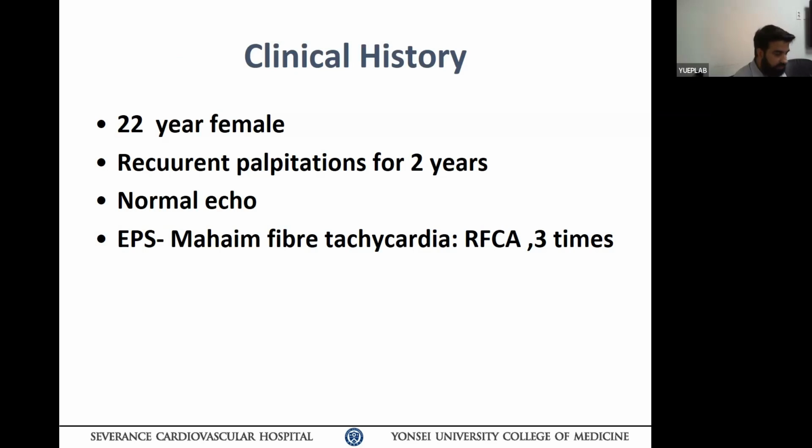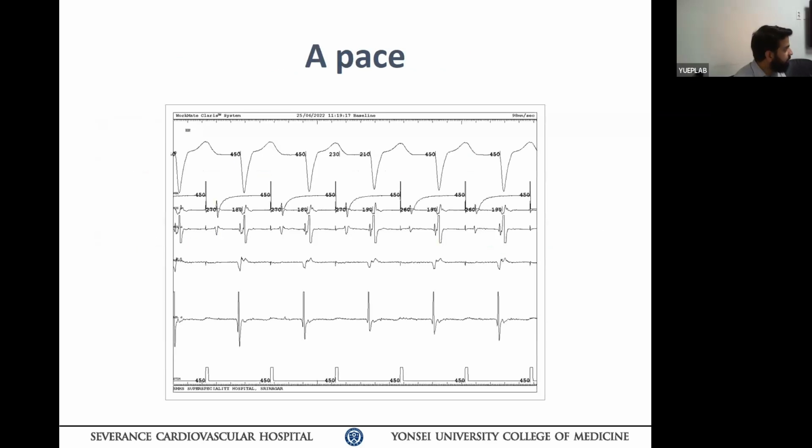Since this was an ECG conference, I did not put the EGMs, but I just want to show this incremental A pacing. So this is a typical Mahaim fiber behavior, where when you incrementally A pace, you get more pre-excitation. The H moves into the QRS, the HV shortens, but the AV interval prolongs. So there's a decremental conduction over the Mahaim pathway, and this pathway only conducts antegradely. It does no retrograde conduction.